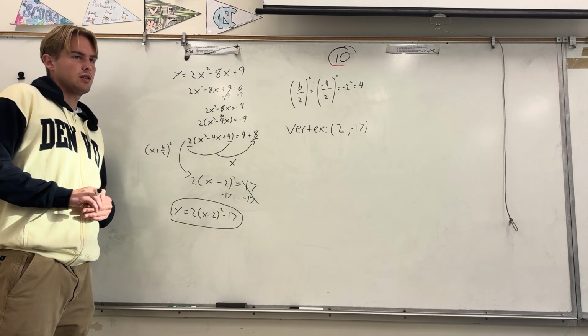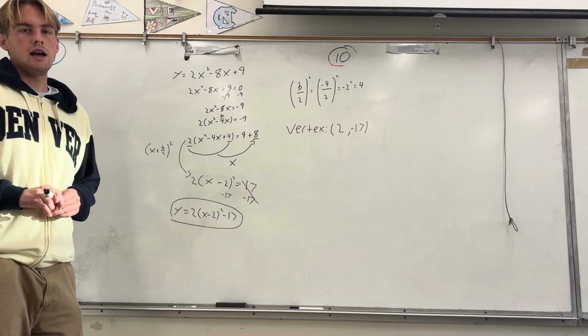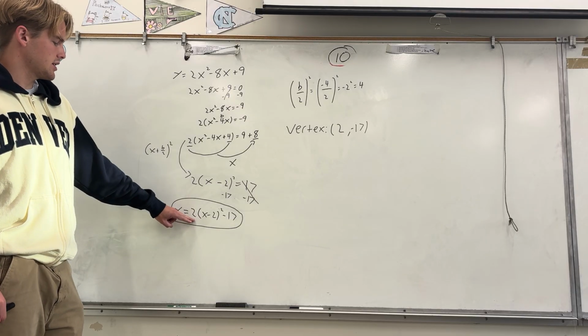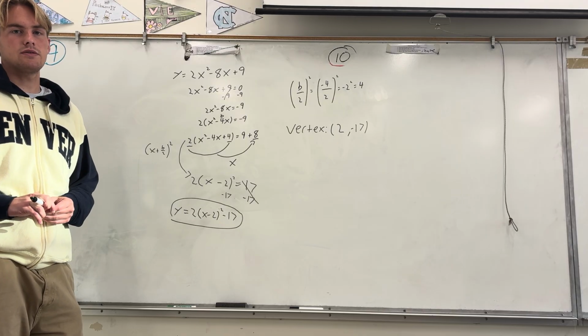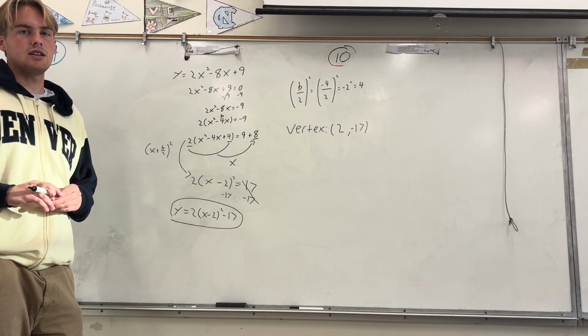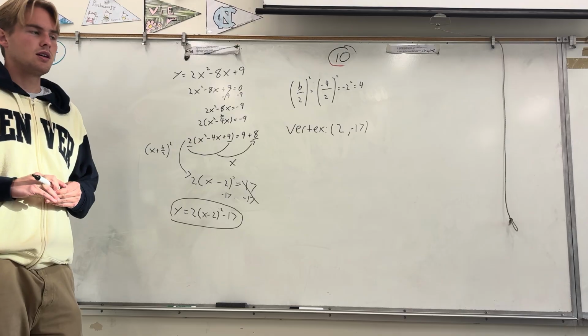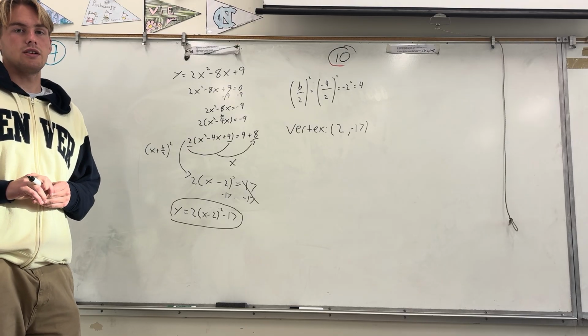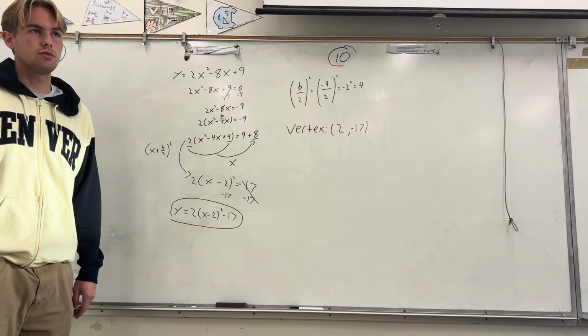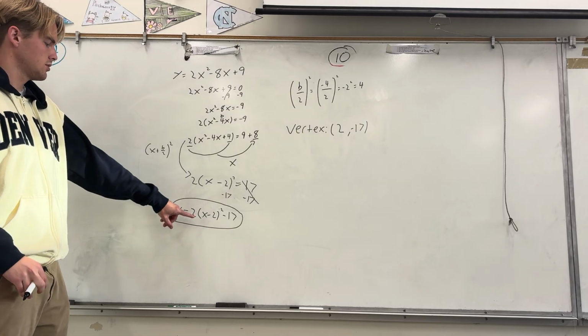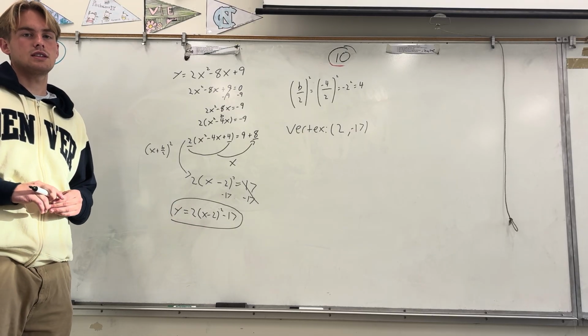Next, is the graph skinnier, is it wider? And we tell that by the number that's in front. So if there was a 1 in front, like there was in the last video, then the graph's just the same. It's not any skinnier, any wider than the parent graph. But the general rule is now, if that number is not a 1, if it is a number that is greater than 1, like a 2, it's gonna make the graph skinnier.